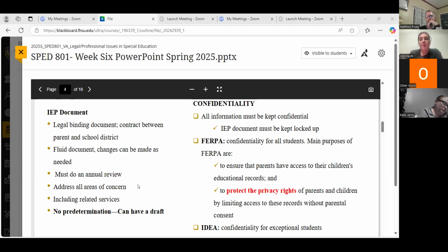But my question is, at what point does the data override a parent's fear of letting go of certain things? We did suggest a reevaluation. It's not due until her senior year, and mom says no, we're not going to do it now, because mom's a SPED teacher, so she knows all the ins and outs. But again, this child no longer qualifies. So let me ask you this, and I'm trying to think how to word it.